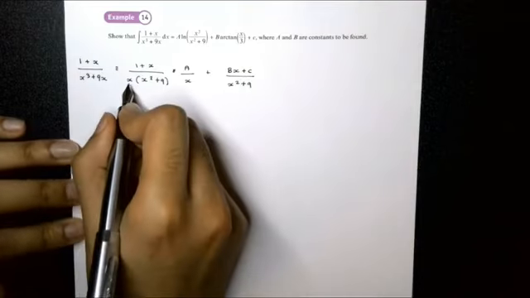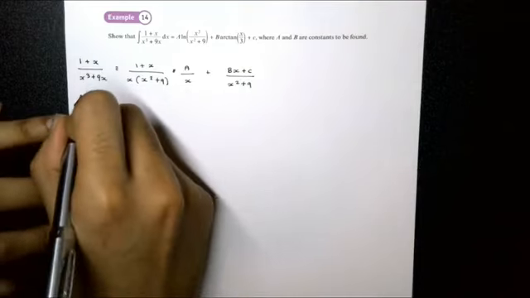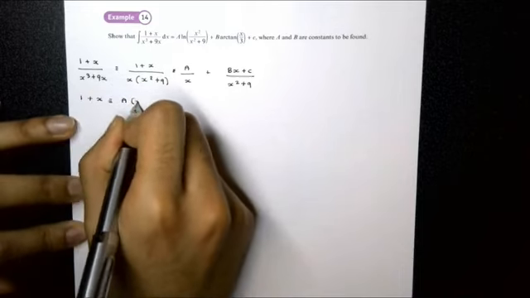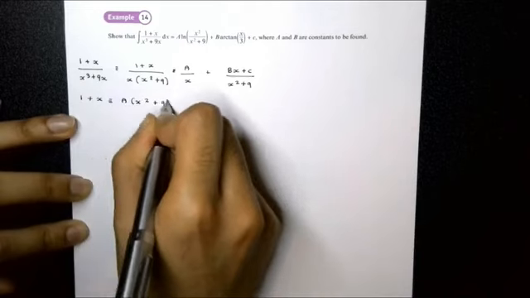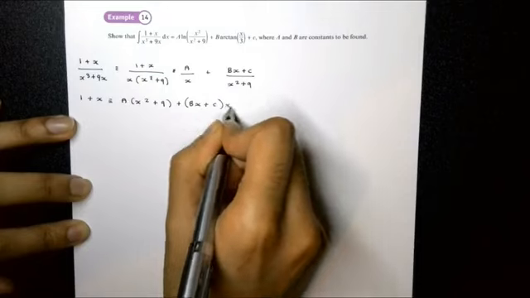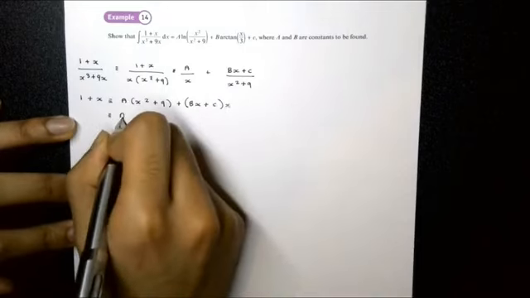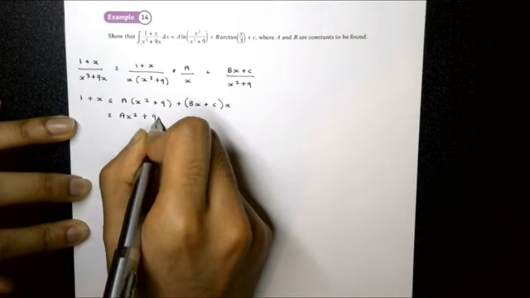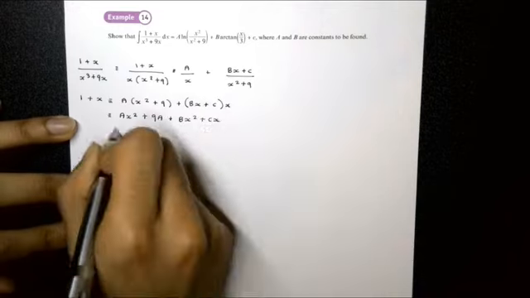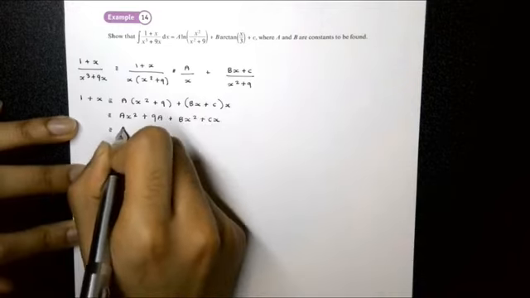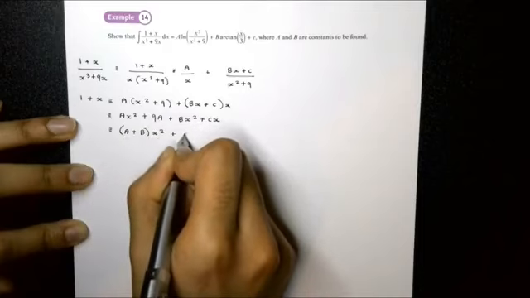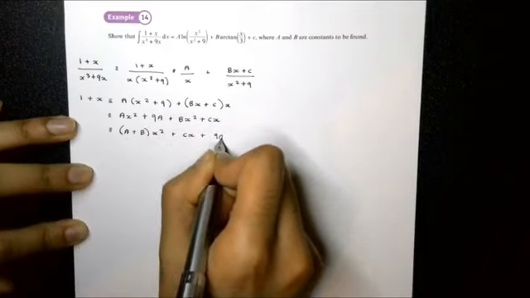So if we multiply through by x lots of x squared plus 9, we've got 1 plus x, which is equivalent to a lots of x squared plus 9 plus bx plus c lots of x. And now if we expand out, we have ax squared plus 9a plus bx squared plus cx, and if we collect like terms together, we have a plus b lots of x squared plus cx plus 9a.